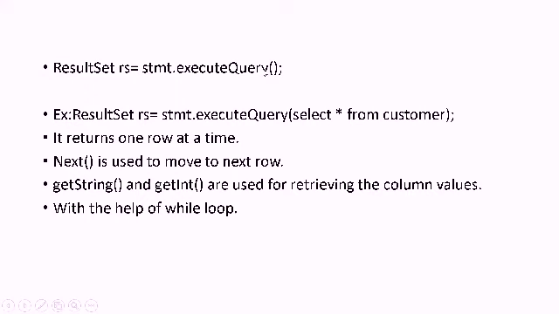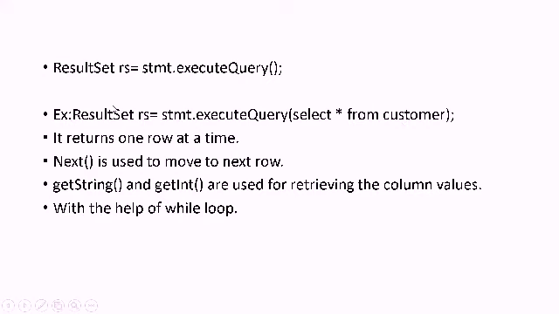Whatever the execute query method executes gets stored in rs. See the example here: ResultSet rs = stmt.executeQuery with the query select * from customer, which displays all the customer details.